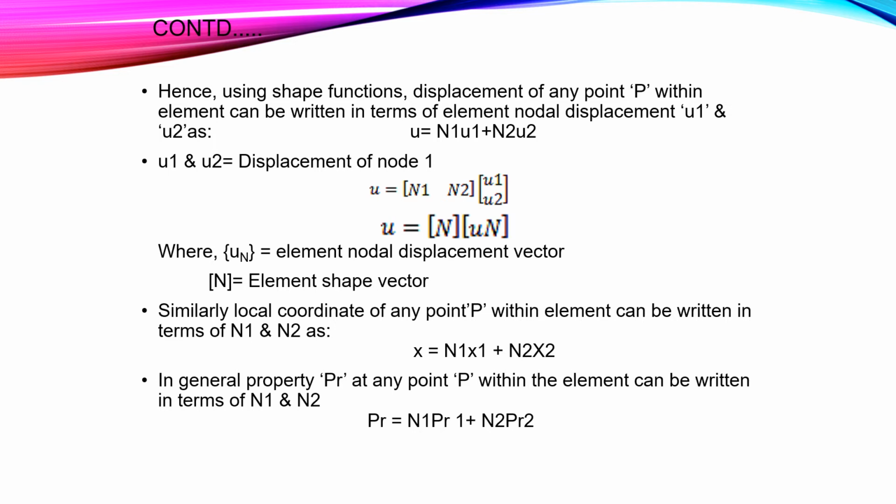In general, if you want to find the property at any point P within the element, and the properties at the two nodes and shape functions are known, then the property at any point P is equal to N1 into PR1 plus N2 into PR2, and this representation is also known as the isoparametric representation. We will see in detail in the fourth unit what the isoparametric representation is.